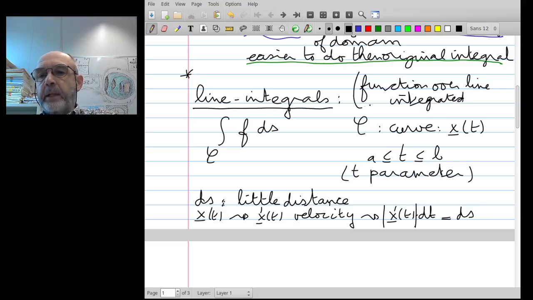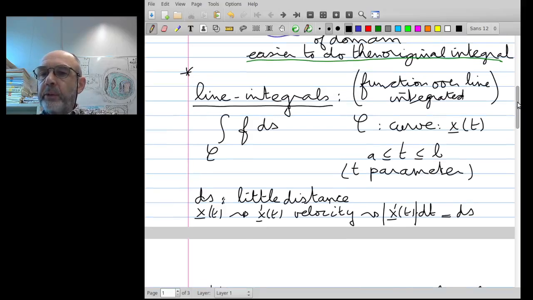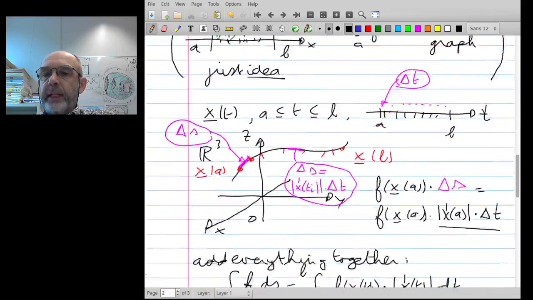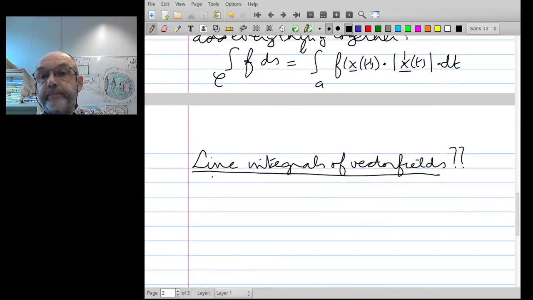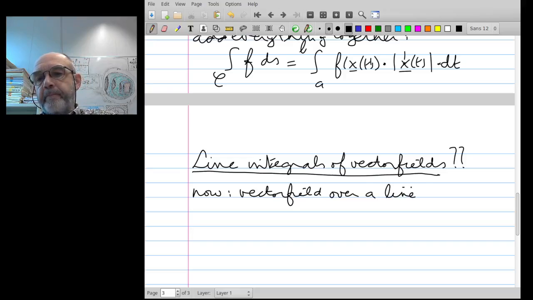And now we want to do a vector field over a line. Now what to do then?